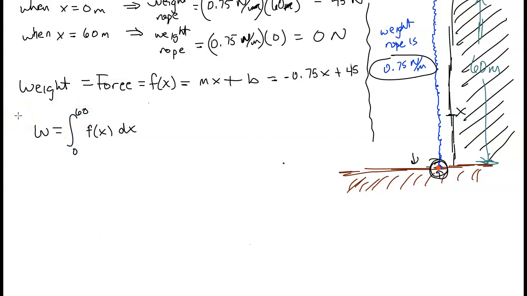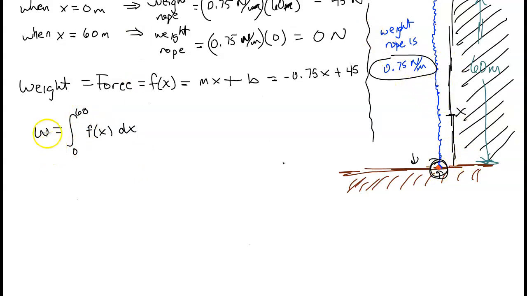We could do that in this instance because here we have our force totally modeled, and the only thing that we're doing now is applying this force at a constant rate over this distance of 60 meters.